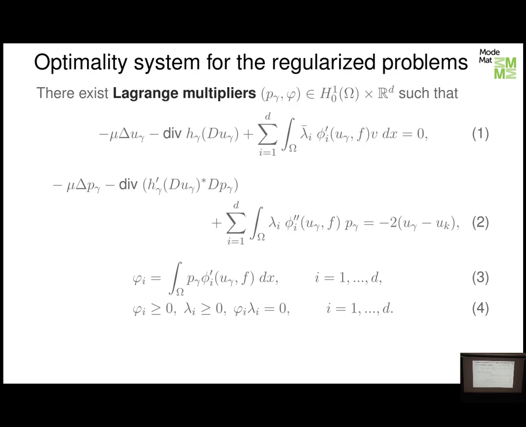And for those who have been working on optimal control for a while, this is just the state equation, which is the equivalent of the denoising type of problem. You have also an adjoint equation, which is given here, and you have something which we call the gradient equation, which characterizes the gradient of the cost functional.